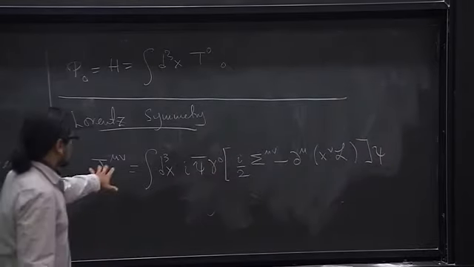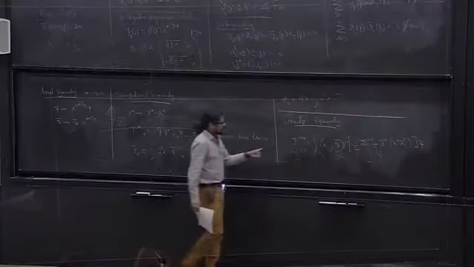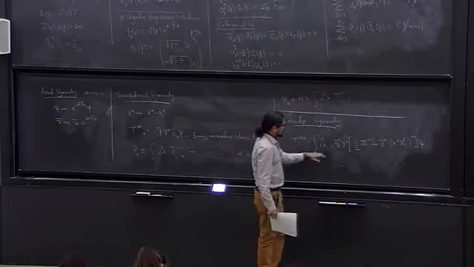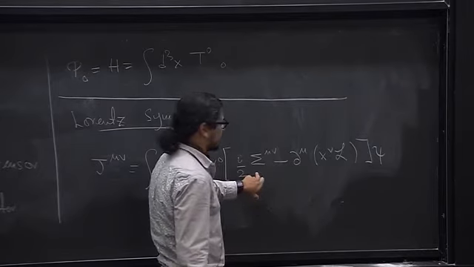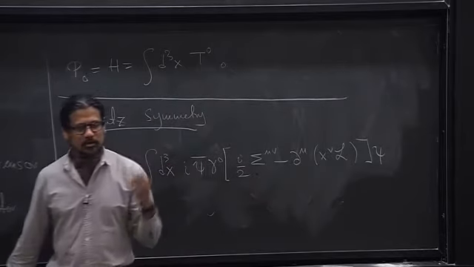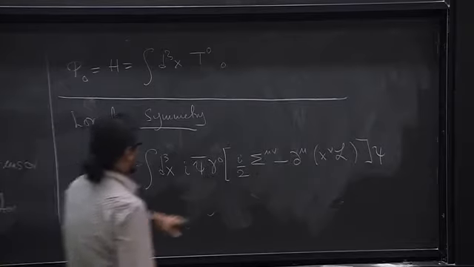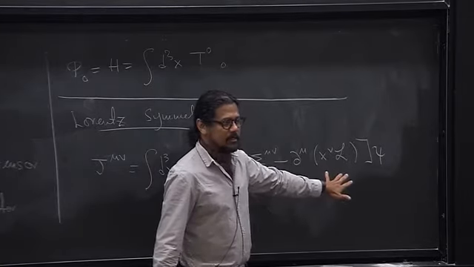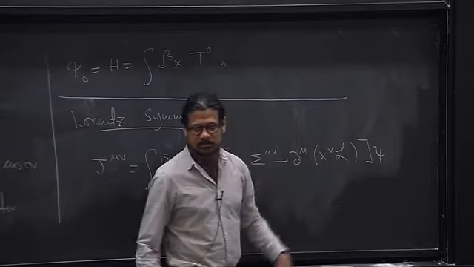So the ij components of these are the angular momentum, and see that there are 2 things that contribute to the angular momentum. This part is the spin contribution to the total angular momentum of the field, and this part is the orbital angular momentum contribution to the total angular momentum of the field.